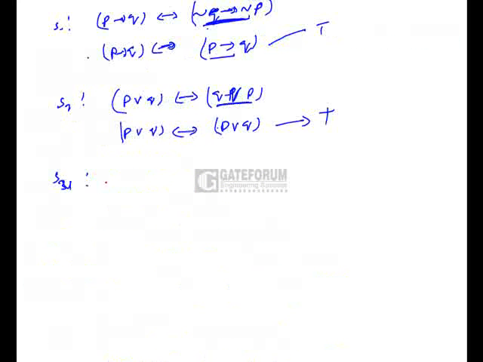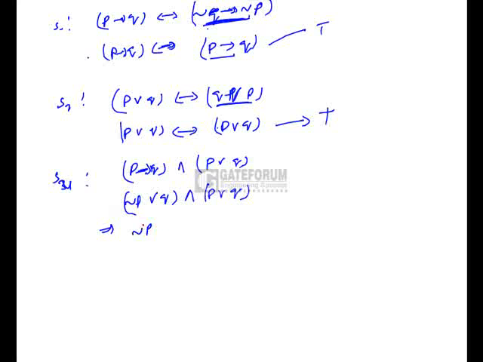Let us check statement S4. P implies Q and P or Q. We can write P implies Q as negation P or Q, and P or Q. If we simplify this, we get negation P and P, or Q, or Q and P or Q. Negation P and P is nothing but false.